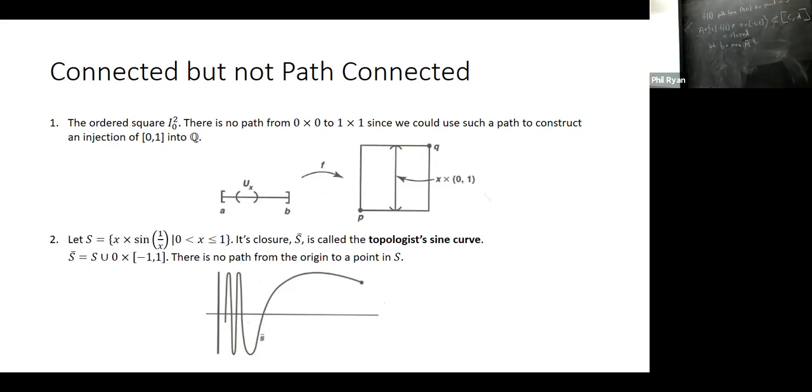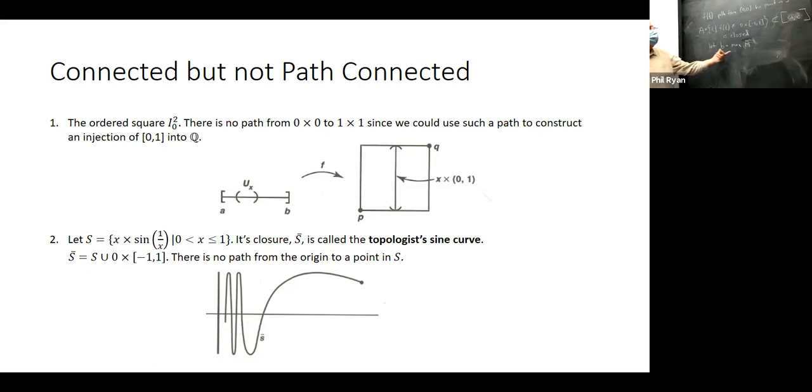Here we had a path from, let's call it, AC, our closed interval in R that we're sending into the topologist's sine curve.